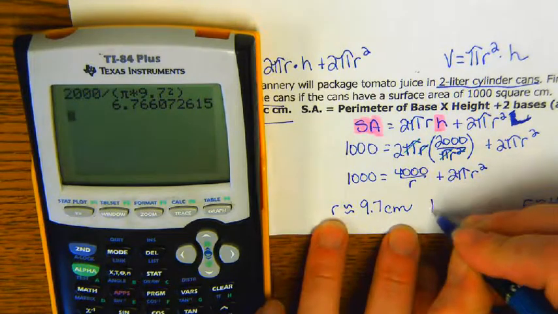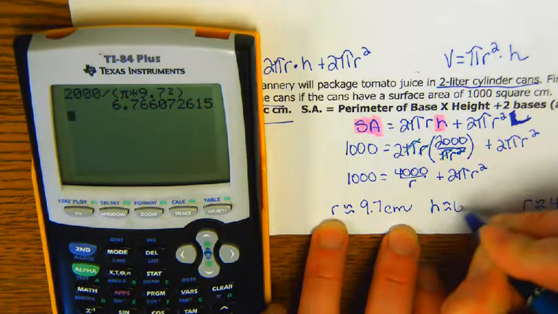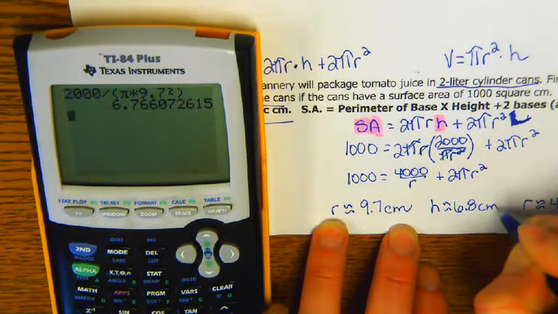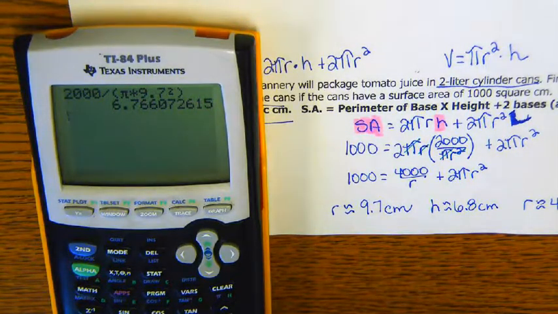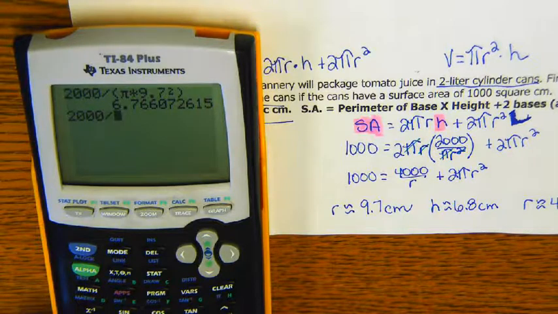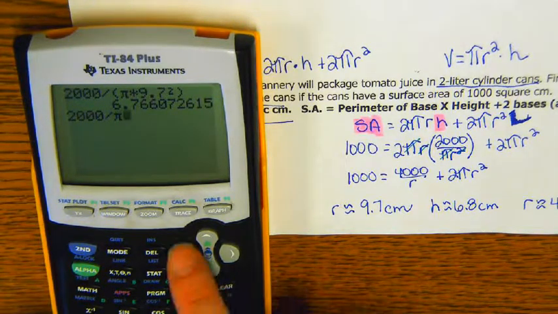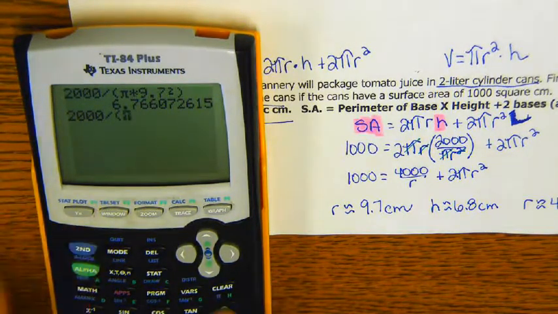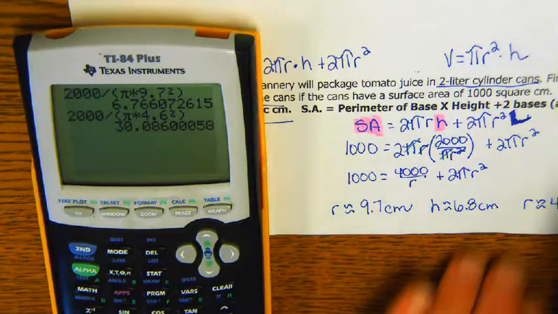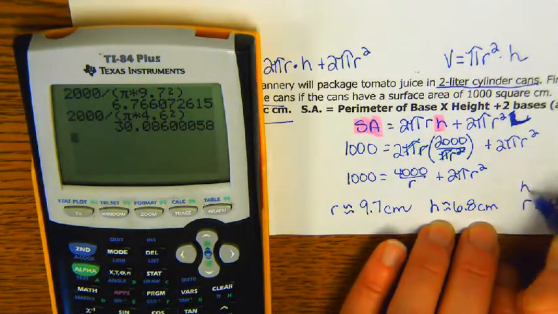So the height of this can is about 6.8 centimeters. So it's wider than it is tall. Does that make sense? This would be a really short but wide can. And then let's do this one. This one is very tall.